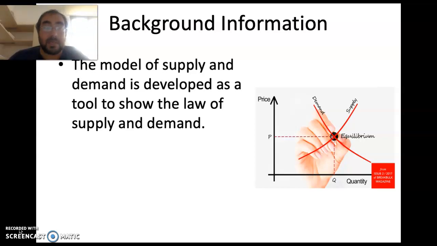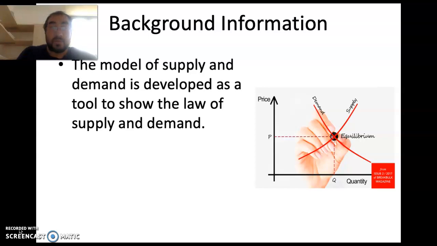And as I said, in order to show this law, a mathematical model is created later, which models the buyers and the demand and supply, how quantity demanded and supplied are related to the price.